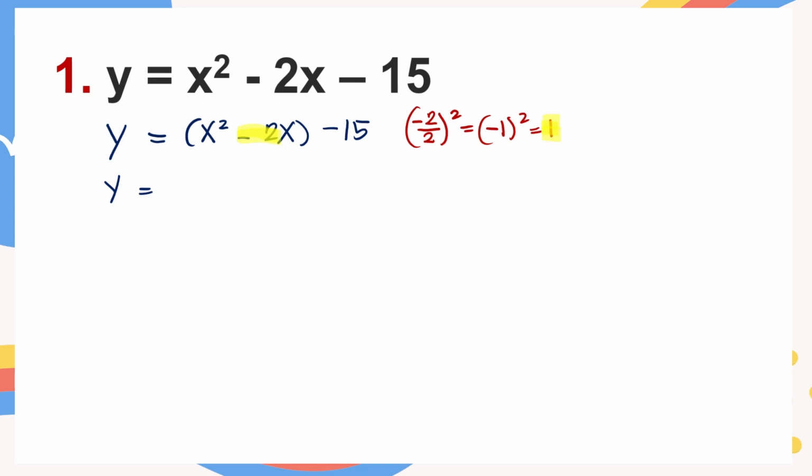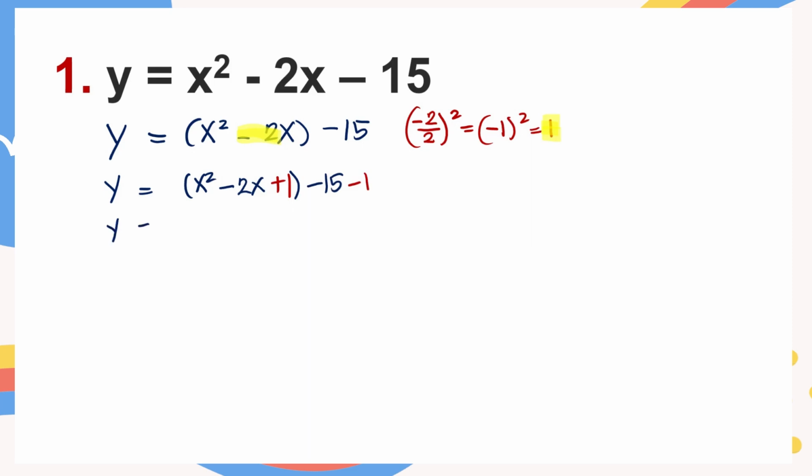So the equation will be now y equals the quantity (x squared minus 2x plus 1), and then outside the parentheses minus 15 minus 1. There you have it.